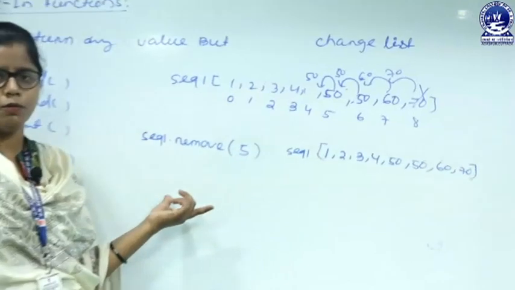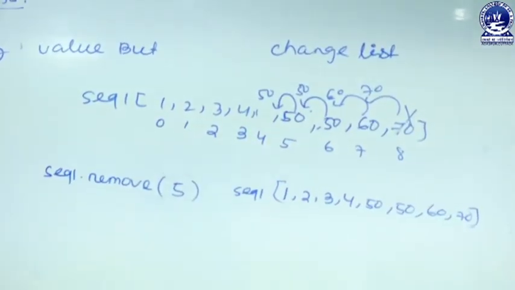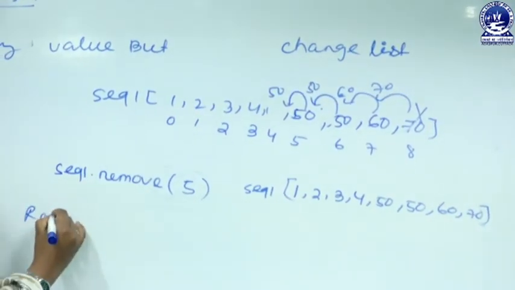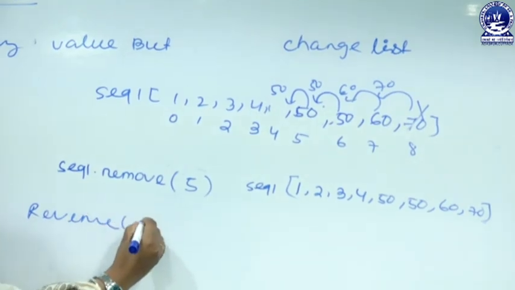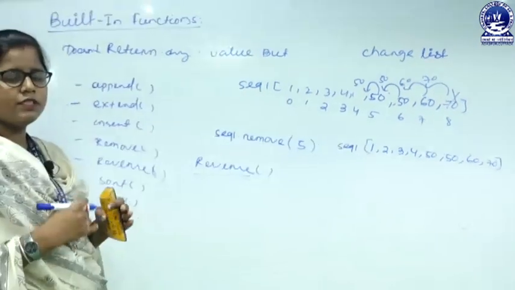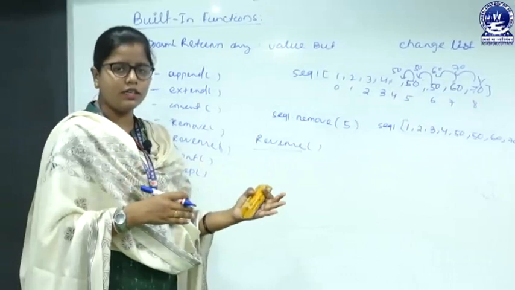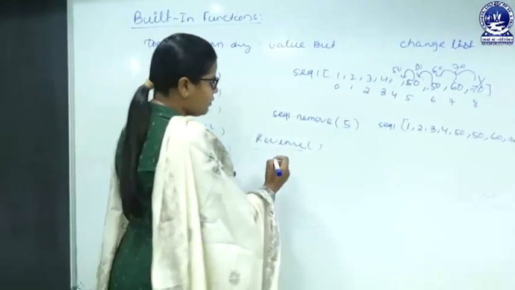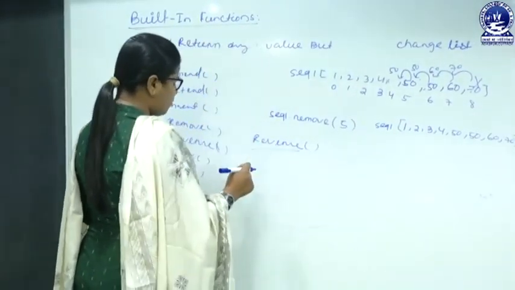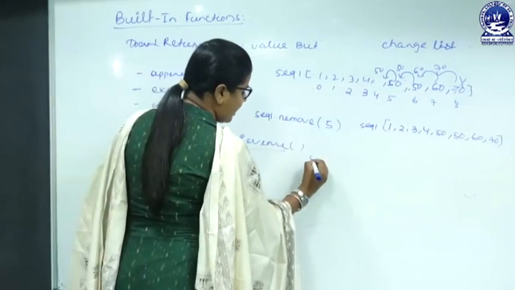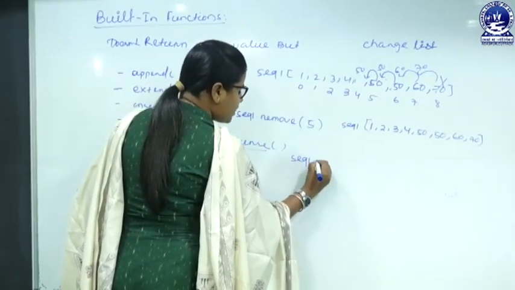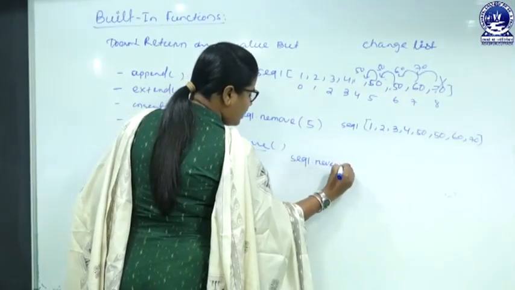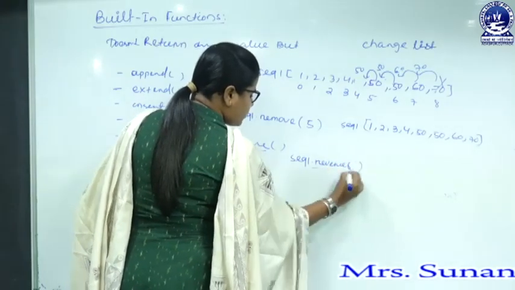So, this is the remove function. Then we have the reverse function. So, reverse means what? Reverse means we are reversing the index order. Suppose I want to reverse this sequence, then I can simply write sequence1.reverse.